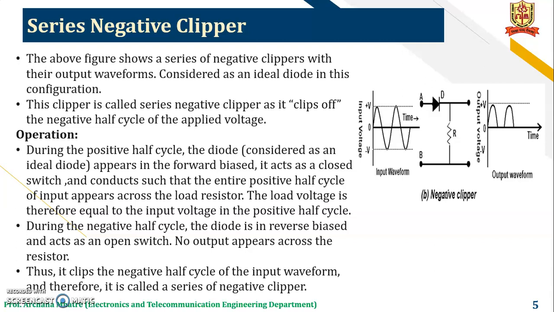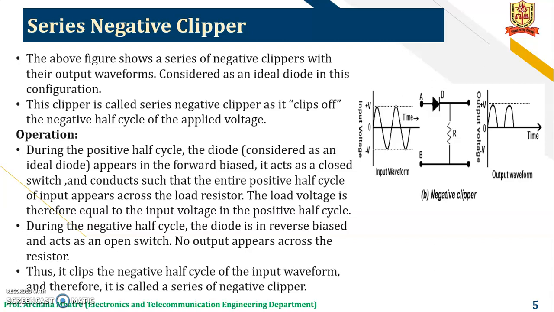Operation during the positive half cycle: the diode, considered as an ideal diode, appears in forward bias. It acts as a closed switch and conducts such that the entire positive half cycle of input appears across the load resistor.